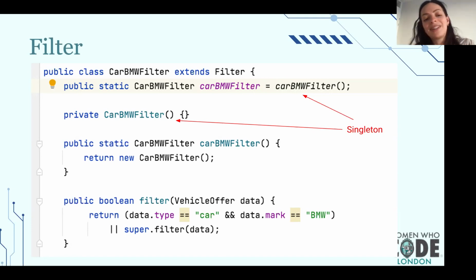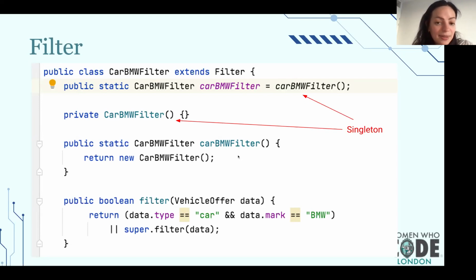That means only the Java machine will create this class for you, so it will automatically be a singleton. No one else in the system will be able to create this class. So this is how to create a singleton in several lines, and you can guarantee that there will be only one instance throughout your whole system.